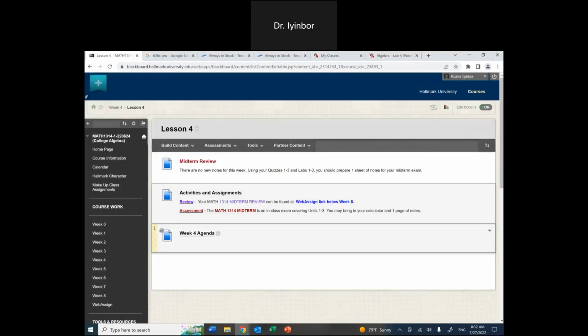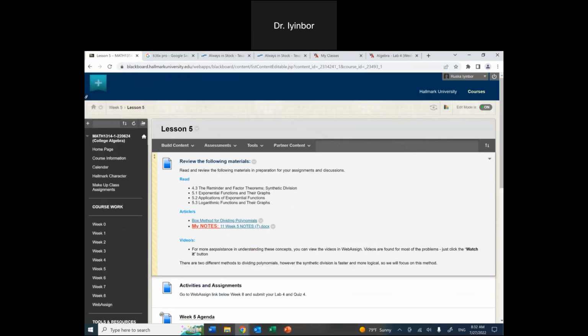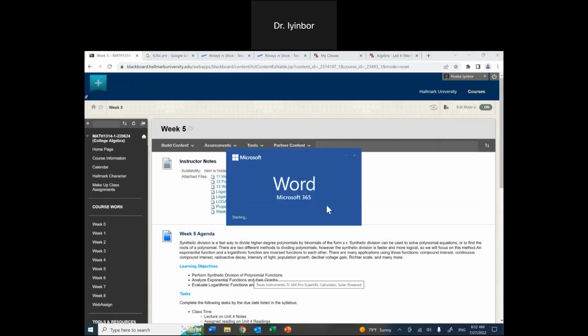Sorry, week 5. And you're going to get lesson 5. Everybody should have the formula sheet. I have it here. And this is what you need to do. You need to write this on your formula sheet so you can use it for the quizzes and tests.